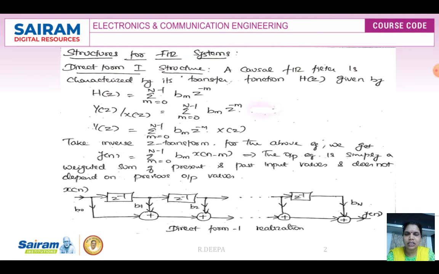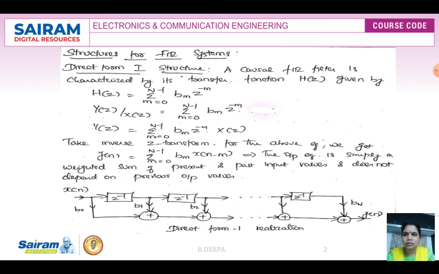So let us write down the transfer function of this FIR filter. As you know, a causal FIR filter is characterized by its transfer function H of z, which is given by H of z is equal to summation m is equal to 0 to N minus 1 b_m z power of minus m, and H of z can be written as Y of z divided by X of z, where the summation m is equal to 0 to N minus 1 b_m z power of minus m.